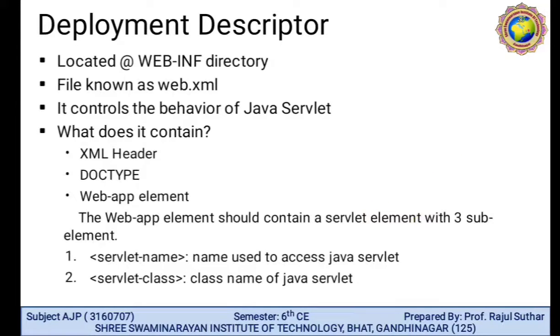Second, the servlet class name of the Java servlet. And third, init param, that is the parameter for initialization. I repeat, first element is servlet name, second servlet class, and third is init param, the parameter for initialization. So these 3 sub elements are useful for the web application element in servlet.